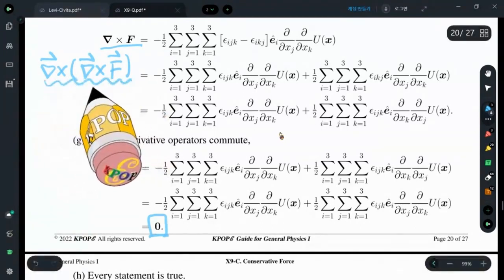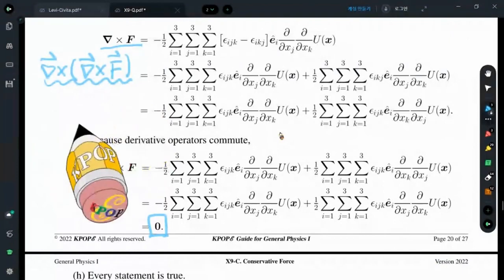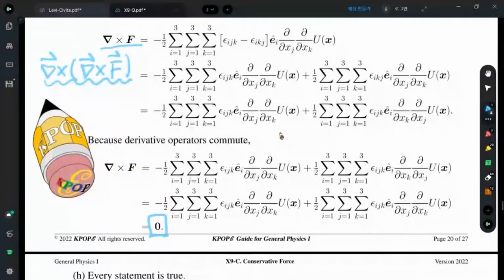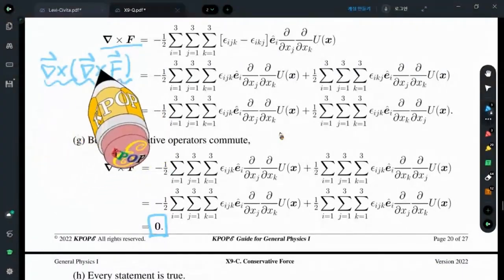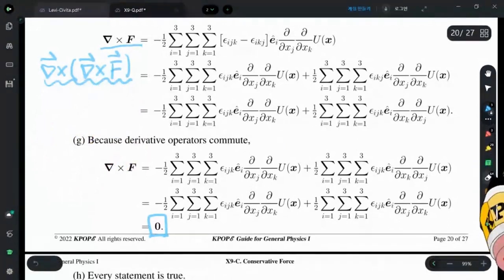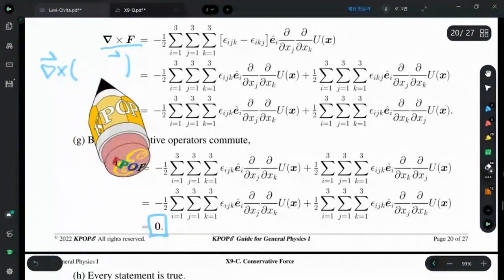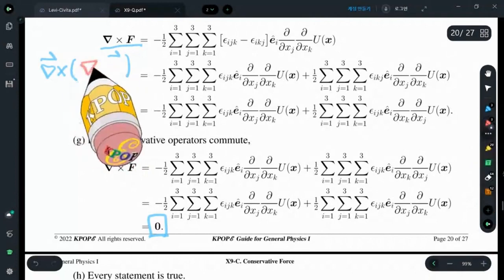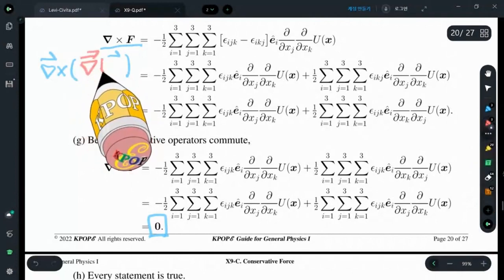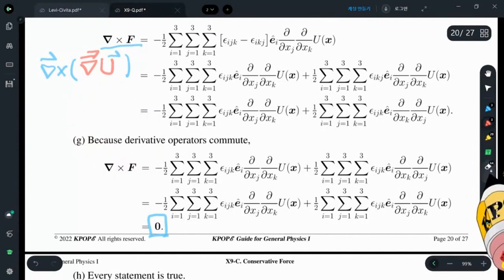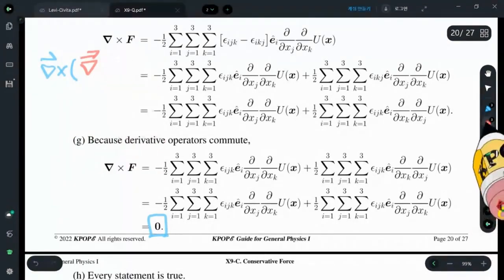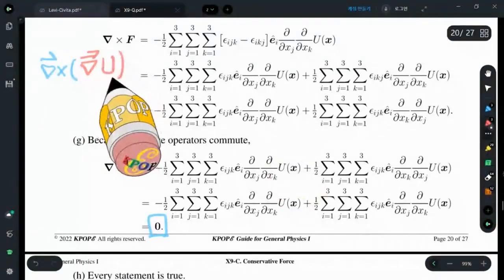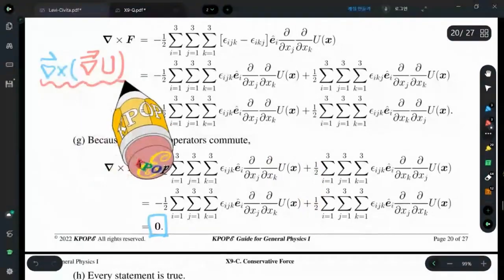What we want to compute is this one. No, not curl, the curl of the gradient of a potential energy. What we want to do is compute this kind of form.